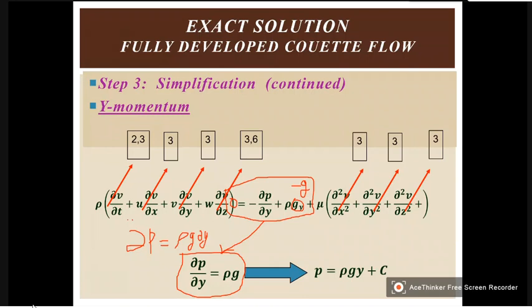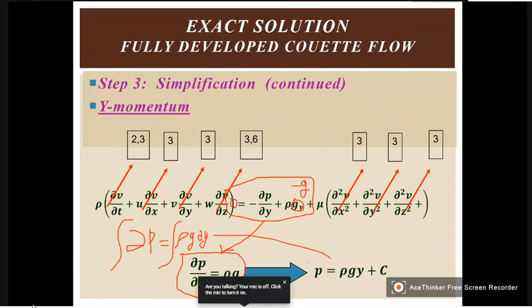And if I integrate it, I'll get p is equal to minus rho g y plus a constant. This is the second one.